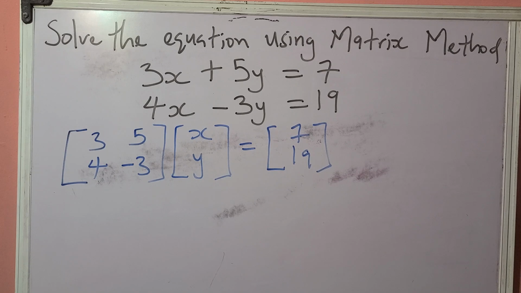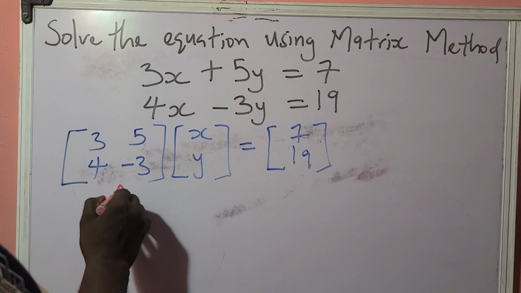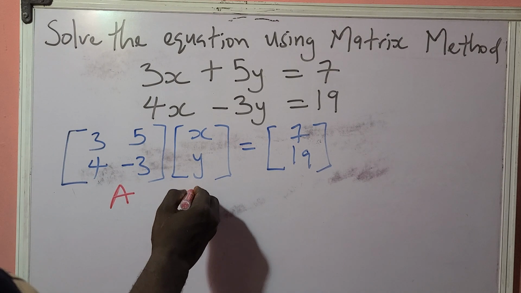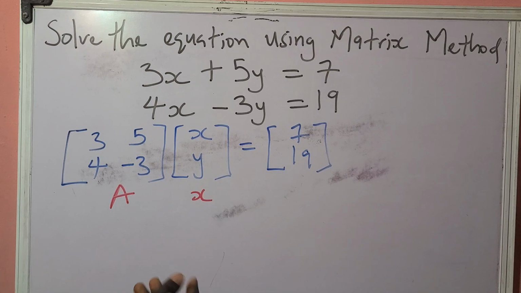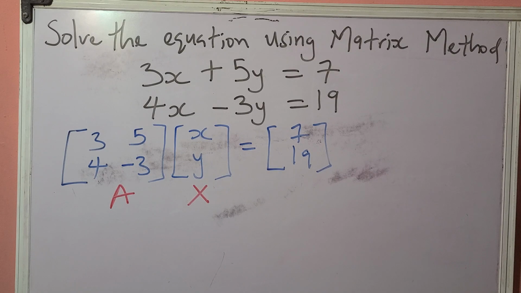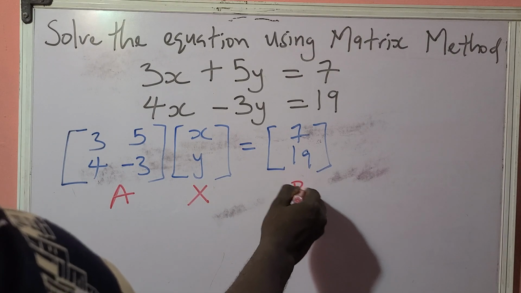So what do we do next? We can label our matrices. We can call this matrix A. You can label it as whatever you want to. We can label this as matrix X, capital letter X, and then I will use capital letter B here.